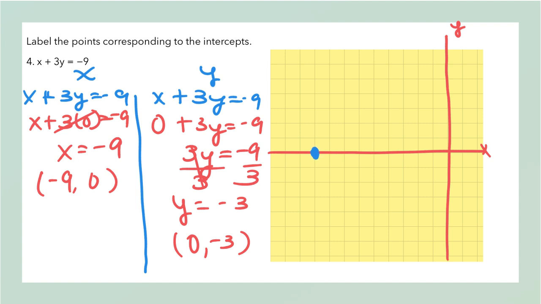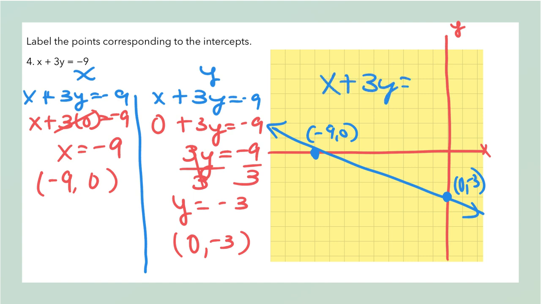So this is -9, 0, and we have 0, -3. And that's our line. So all these ordered pairs, our equation is going to be x plus 3y equals -9.